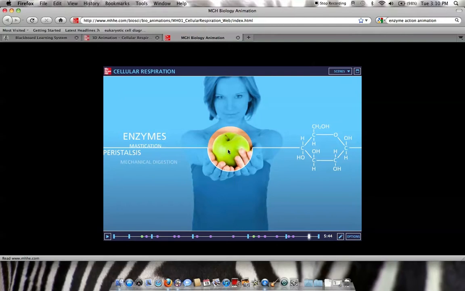So the apple would be considered potential energy, but we just have to get the sugar molecules, those glucose molecules, out of this apple, and we have to change them into our usable energy, which is ATP. So that's basically what cellular respiration is all about. I hope this has helped you, and have a nice day.